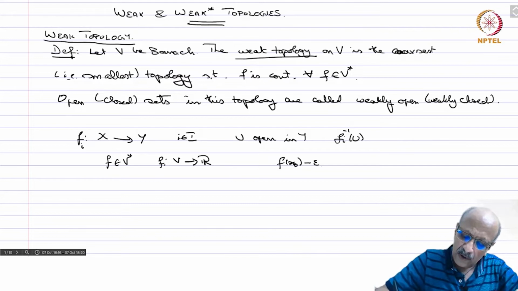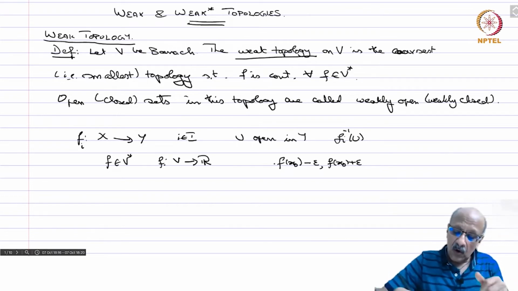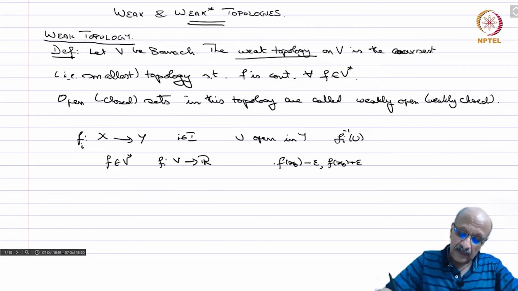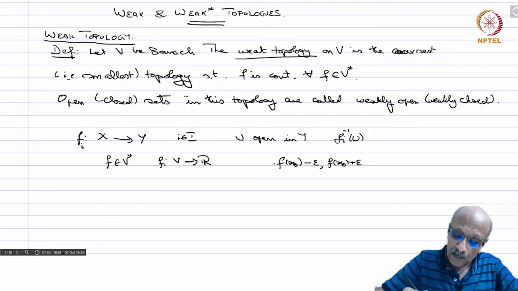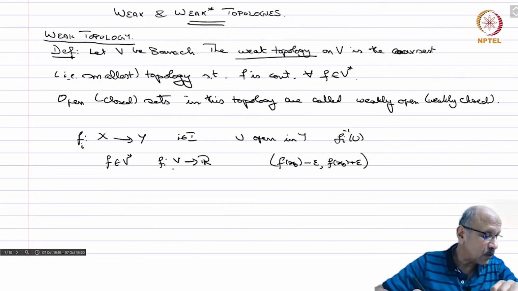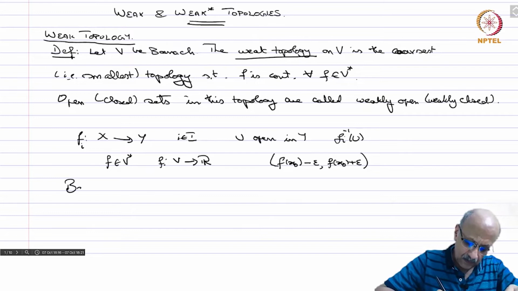So we will take a neighborhood f of x naught minus epsilon, f of x naught plus epsilon, and all inverse images of this should be open, and then you must take finite intersection of such sets, and therefore that will constitute a basic neighborhood system at each point, and then from this you can construct the rest of the open sets.